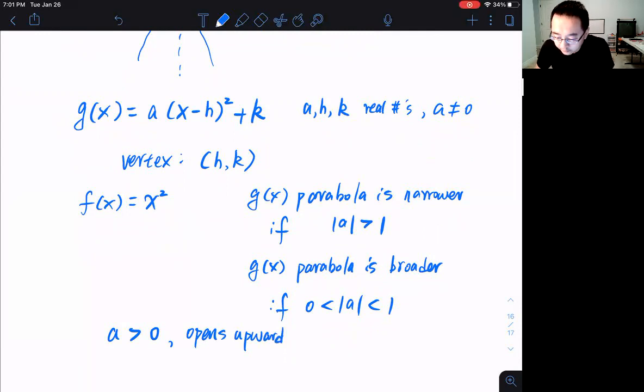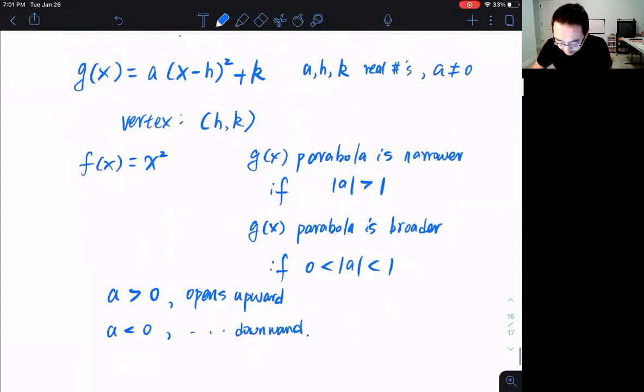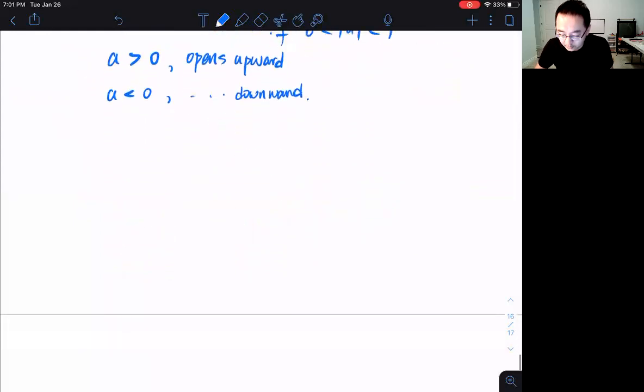And of course, if a is negative, then the parabola will open downward. These are general rules that you can apply to a particular quadratic function. So let's look at an example based on the rules we have.